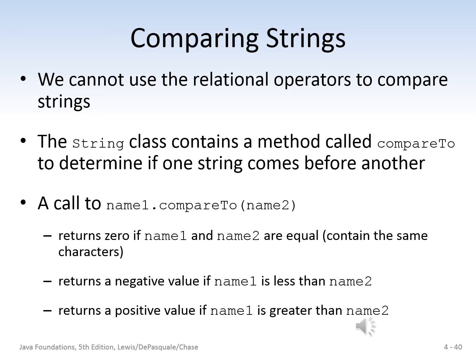You cannot use relational operators to compare string objects in Java. The String class contains a method, compareTo, to determine if one string comes before another, and they're compared character by character until one is considered greater than or less than. The compareTo obviously returns a Boolean.